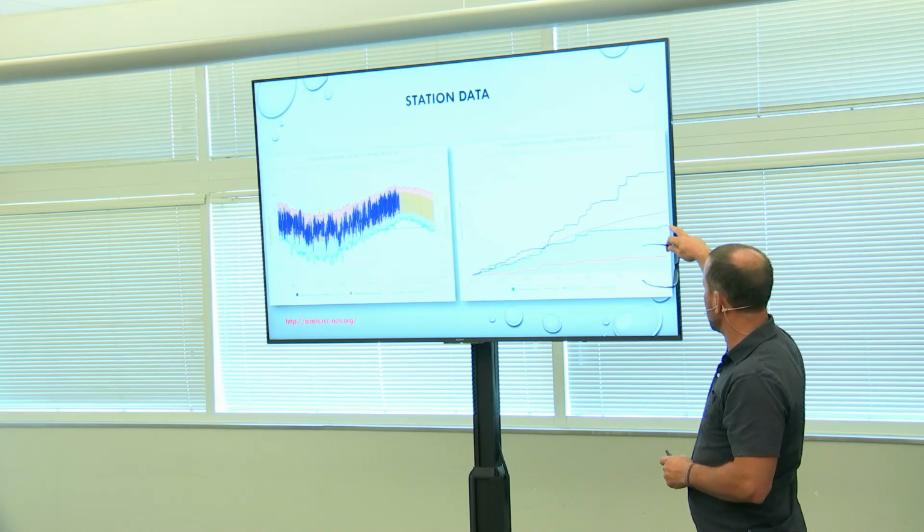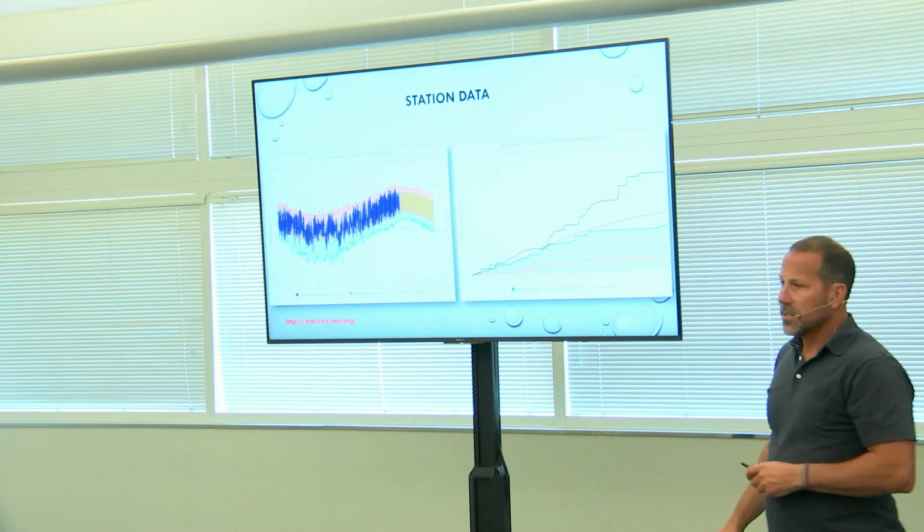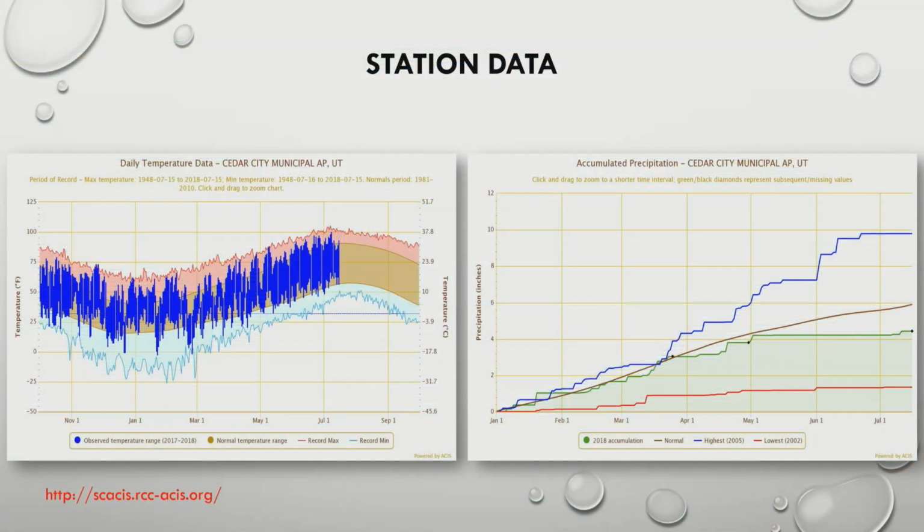So you can see we're below normal. You can click on the highest and the lowest precip in the period of record, so you can get some sort of context as to the range of values that you've seen at that station over the period of record. And you can see it's been much lower, this back in 2002, 2005 for the high.